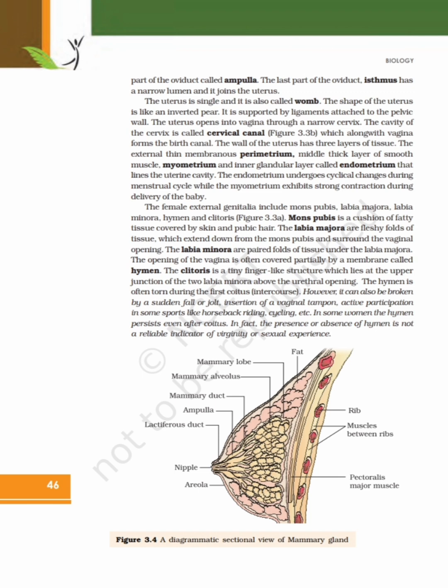Then labia minora are the pair of folds of tissue under the labia majora. The opening of the vagina is often covered partially, by the hymen. I will tell you about the hymen later, because I am going as per NCERT.